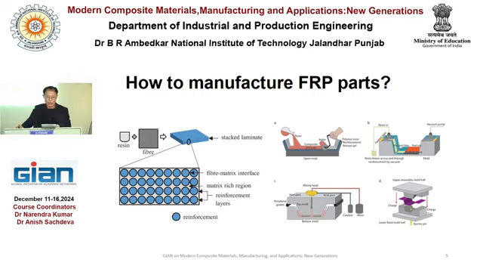And between the resin and the fiber, there is the interface, the fiber-matrix interface. This is very important. Also, if there is too large a matrix region, the composite quality will be degraded. So it must be cautioned.